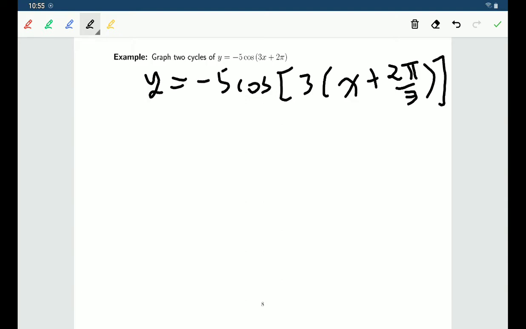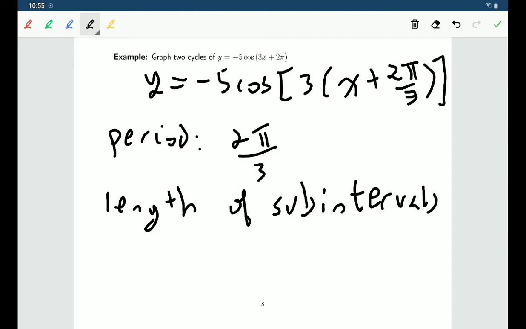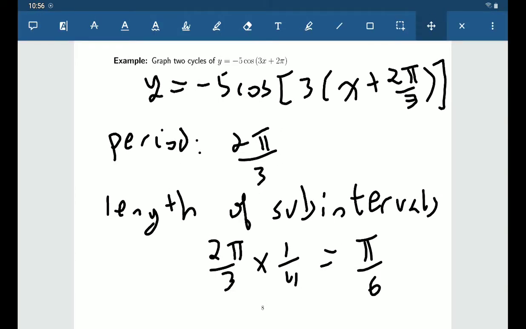So let's think about the period here. The period, of course, would be 2 pi divided by 3, and for our subintervals, the length of those intervals would be 2 pi over 3 times a quarter, which would be then pi over 6. So our tick marks before we do our phase shift are going to go up by pi over 6 at each step.